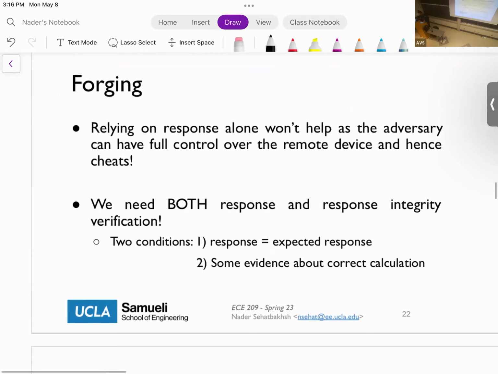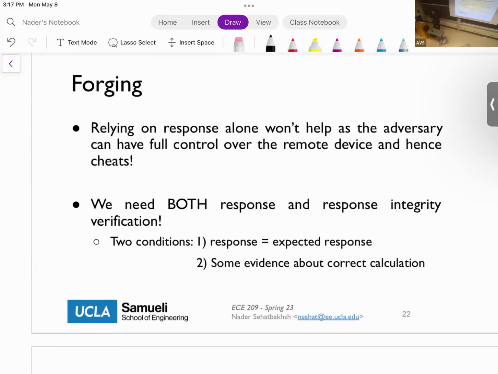Okay. So how about forging? Forging is basically saying that just getting the hash value itself is not going to help. Why? Because we're assuming that the adversary can control everything about that remote device. We have no idea what sort of malware has been installed there.